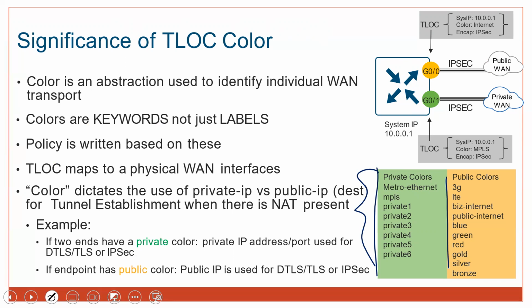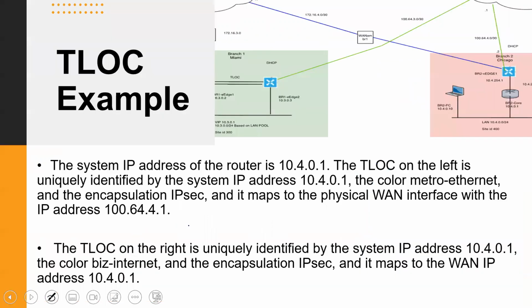In normal standard practice, we make MPLS restrict. We don't want MPLS to try to form tunnels with the public colors. So private should form tunnels within private color tags, and public will form within public tags.